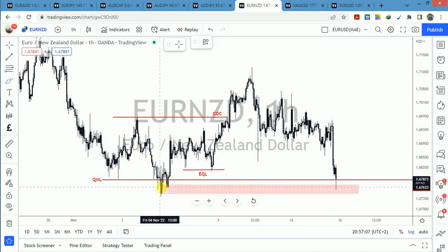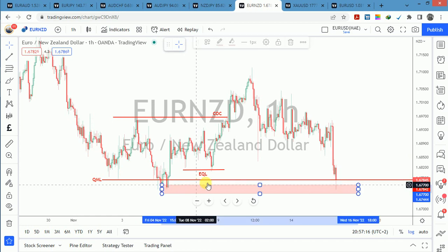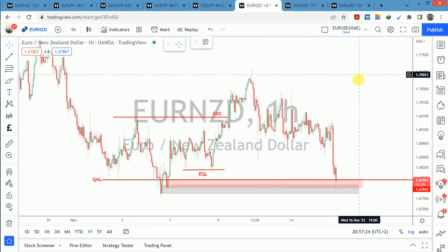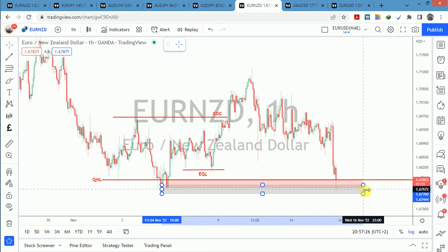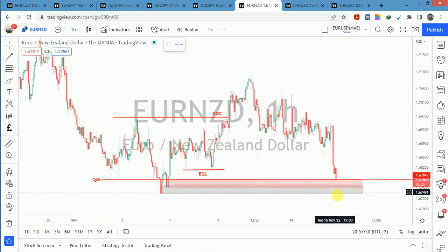So I can see already that there is an order block just above here. If we change this, you can see that this candle here is the one that is going to give us an order block. So let me use this one as gray instead, and the one above as red. And then, yes, entry.